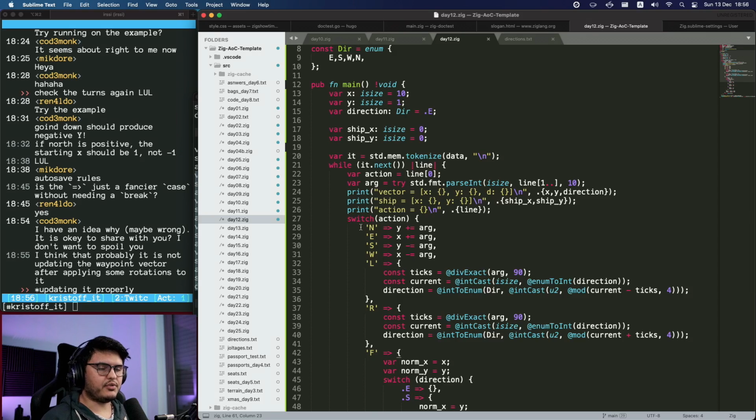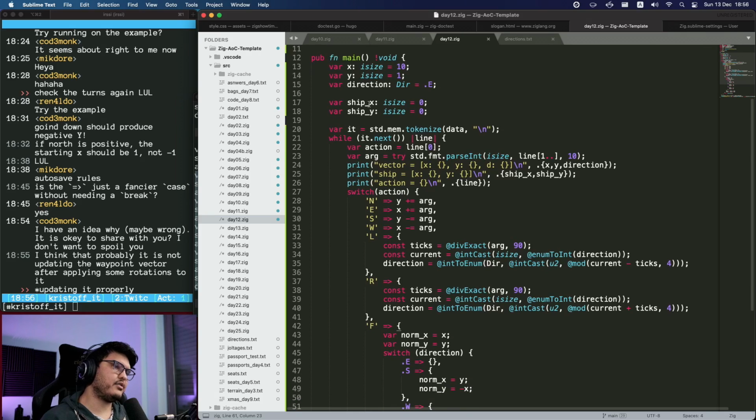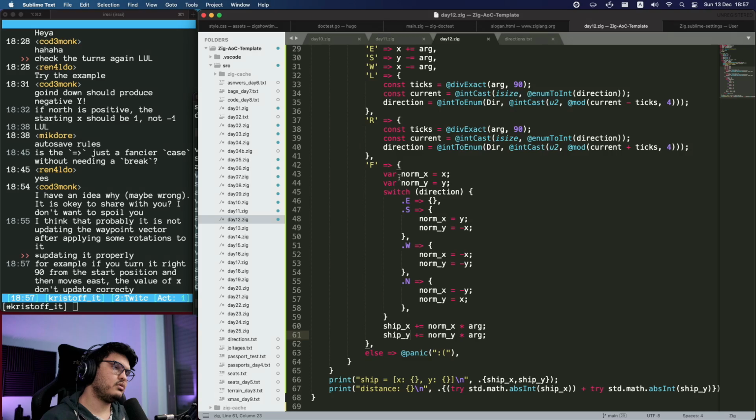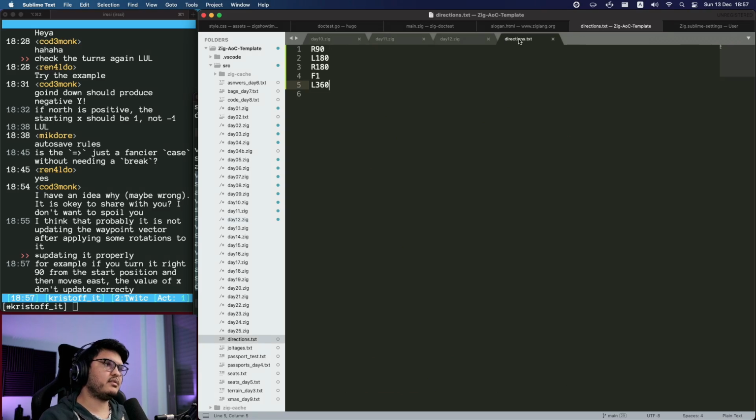Or actually, technically speaking, even if we were to apply these changes to the vector, the result would be unchanged. For example, if you turn it right 90 from the start position and then move east, the value of X doesn't update correctly. Okay, let's try.